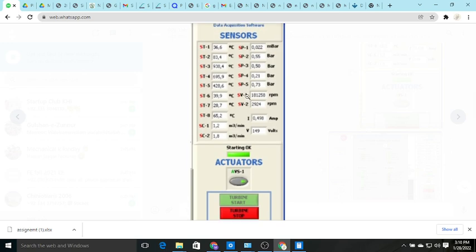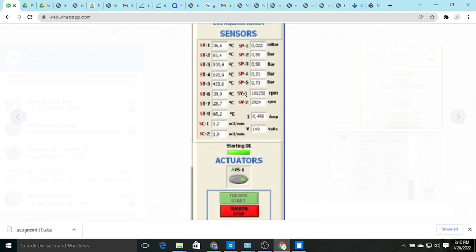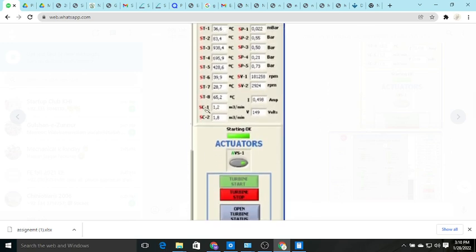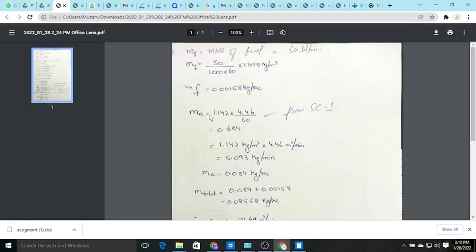I take SC1 from this point. This is SC1, volume flow rate of after compressor. So this is the before compressor. So this is the air flow rate, volume flow rate. Okay, so from this the volume flow rate is 1.42 meter cube per minute. So we convert into seconds and again multiply by its density to get the answer in kg per minute, and then we calculate kg per second.